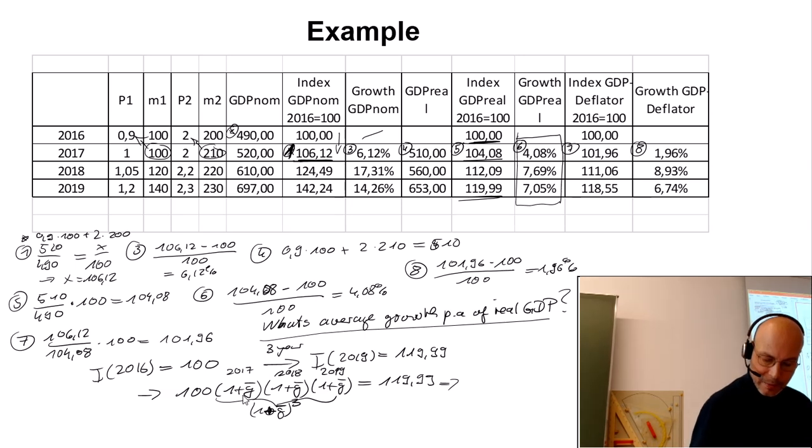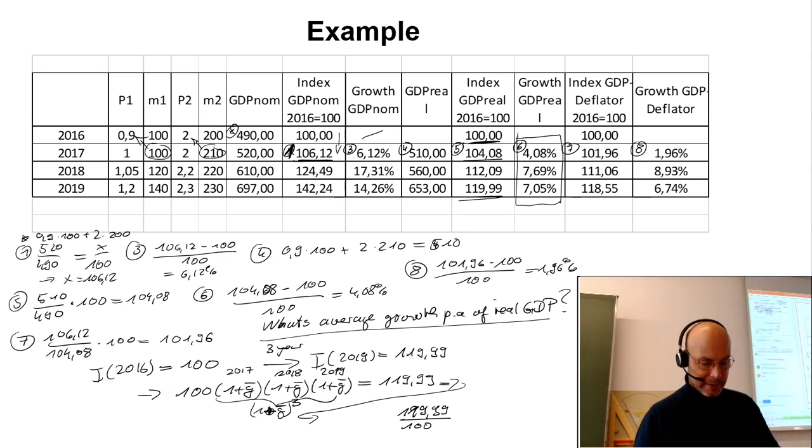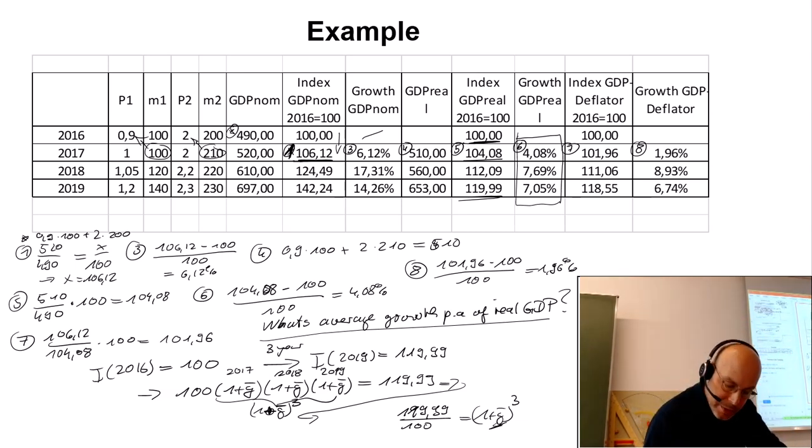And then we end up with 119.99 over 100 equals 1 plus g bar to the power of 3. And we want to solve for the average growth rate. And this means we have to choose the third root of 119.99 over 100 and subtracting 1.